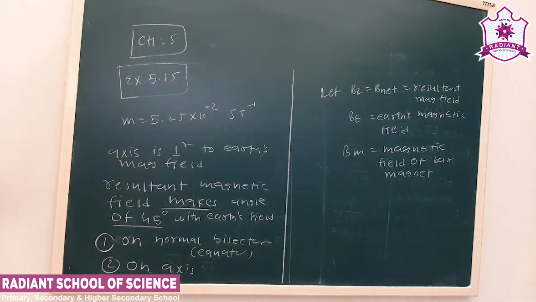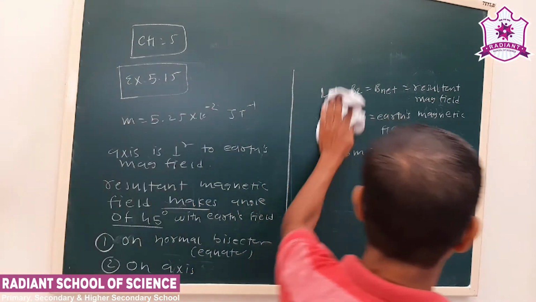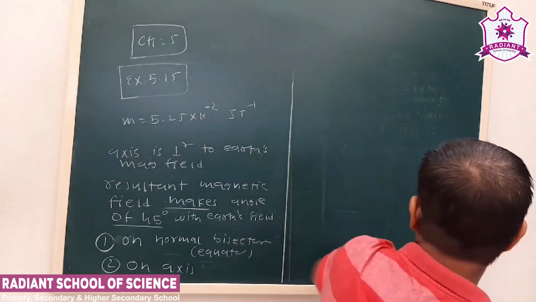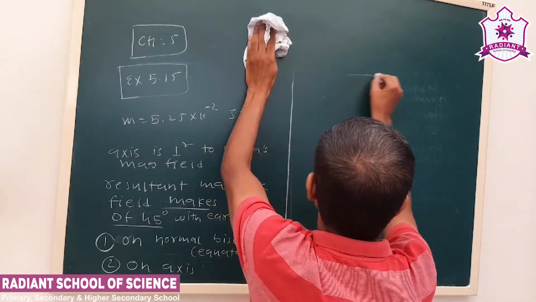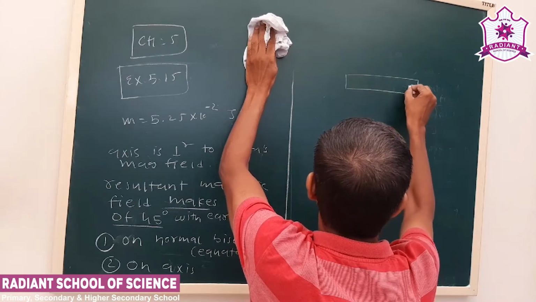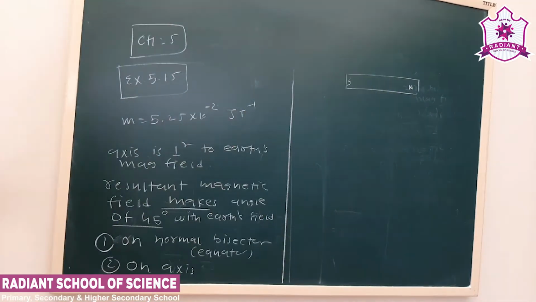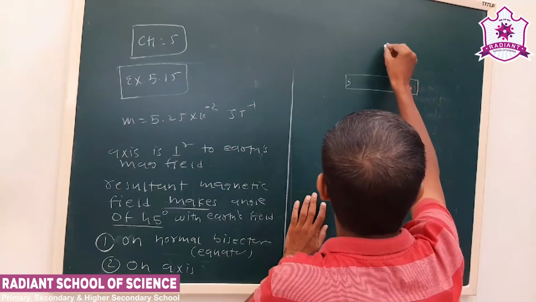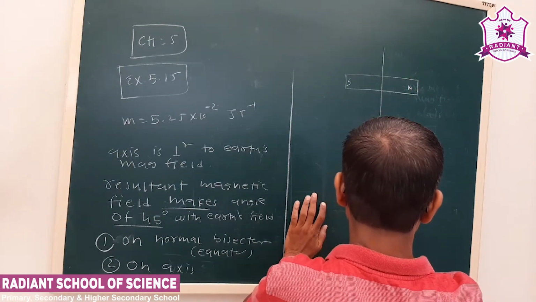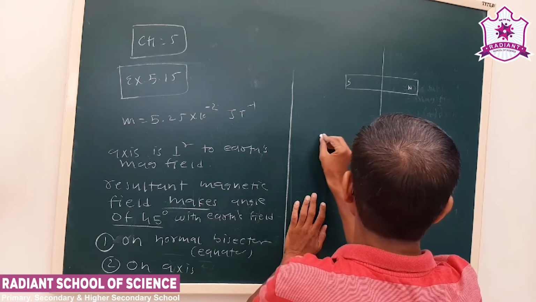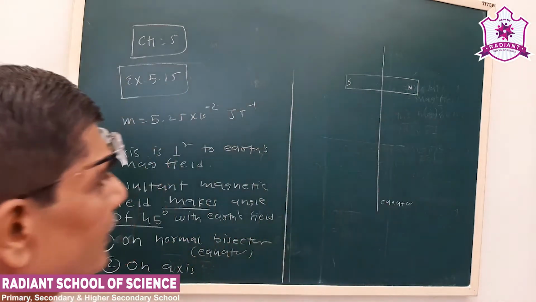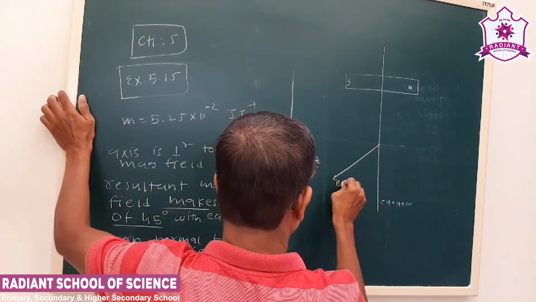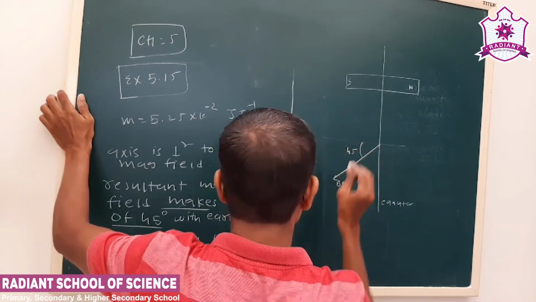Now see what will be the situation. Let us say the bar magnet is like this, it is aligned like this. Now this is the equator. Let us say somewhere here is the resultant magnetic field BR, that makes 45 degree.